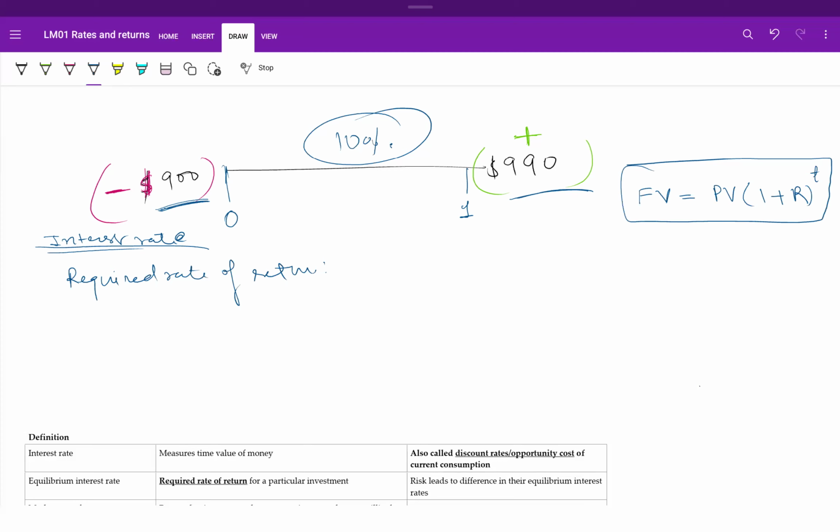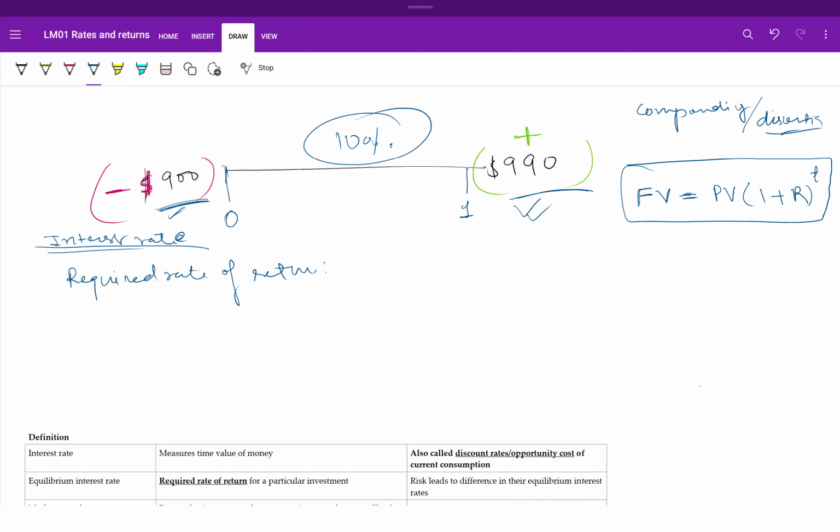Now pay attention to this. Future value is going to be more here, and present value is going to be less. This is a one-case scenario. It could be different, but that's compounding and discounting. If you think there could be multiple scenarios, then yes, that's compounding and discounting. Here we are talking about compounding, not discounting.